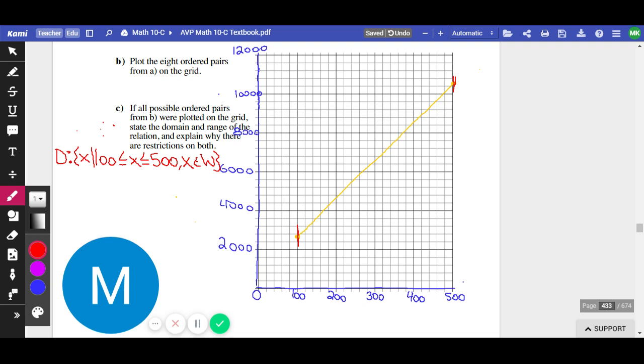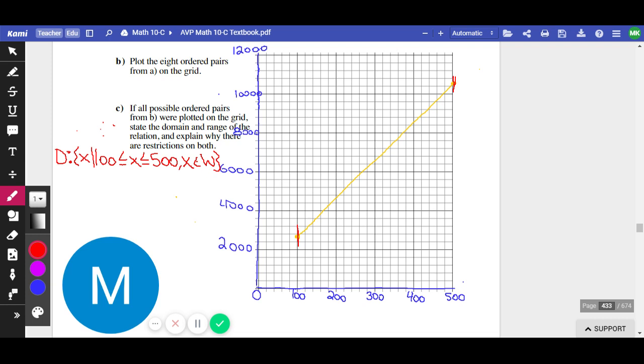You technically could also put x ∈ I for element of the integers, because integers are counting numbers. You could also put x ∈ N because those are counting numbers as well. The difference between those things is N includes 0, our graph doesn't include 0 anyway, and integers include negatives, which our graph doesn't allow negatives anyway. So that's why x ∈ W is probably the best choice.